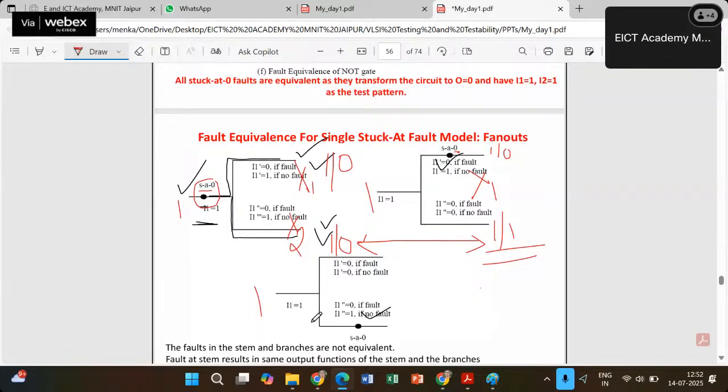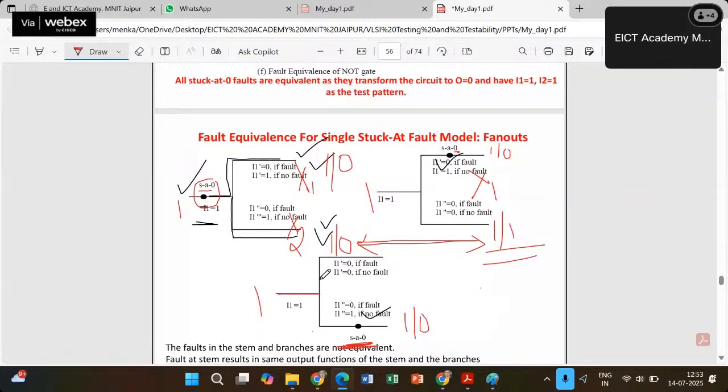The definition of fault equivalence says that the set of inputs corresponding to each and every fault is equal, and the set of outputs is also equal. But here the sets of outputs are not the same. Now let us apply the same thing for this case. In the third case, I have stuck-at 0 over here. The true output is expected to be 1, but because of this fault I am getting 0 over here.